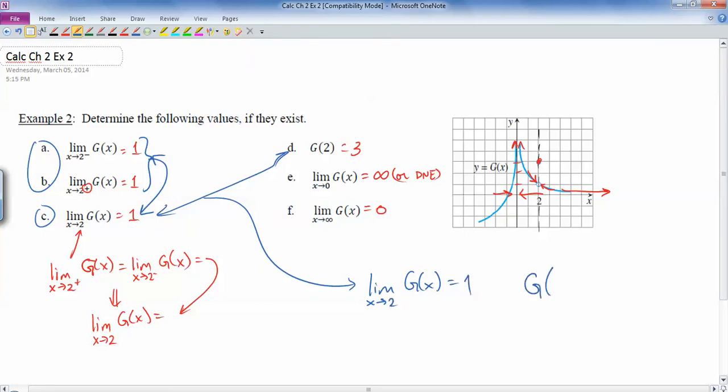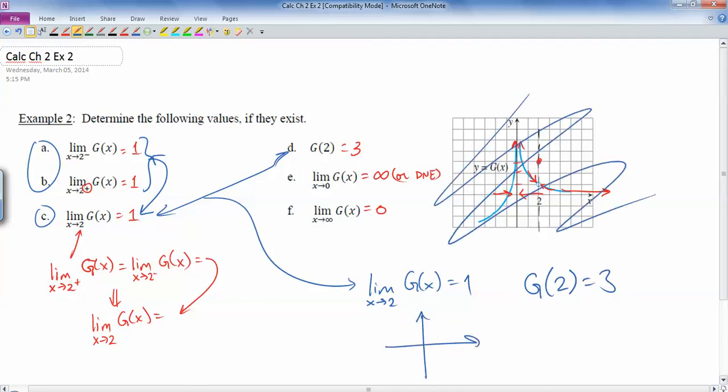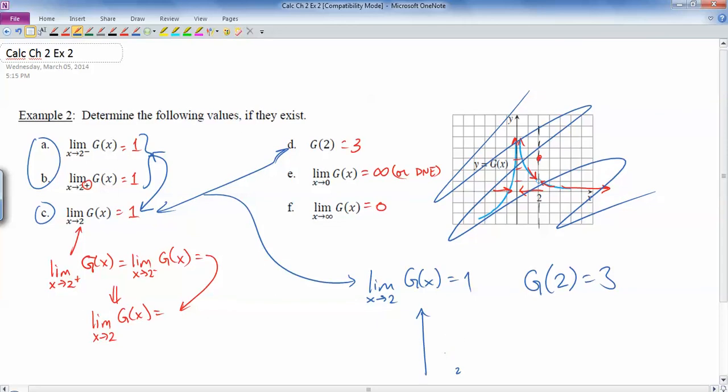But the function itself equals something else at that point. So this thing right here, let's say you didn't know what the picture looked like, so just ignore this. As I get close to x equals 2, so let's say this is x equals 2 along this line right here. So I'll just put it on the axis. So there's x equals 2, right? Anything along this vertical bar that goes through 2. So the value of g is close to 1.